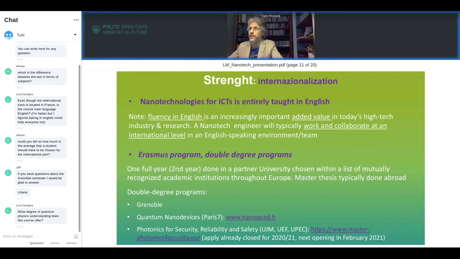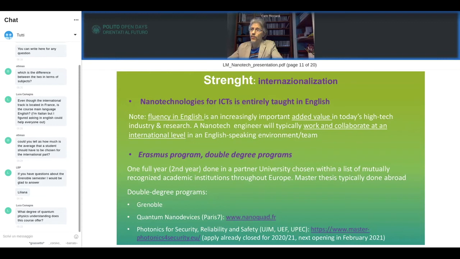English is the medium of all the discussion at the international level, in technology and in science. So I think this is a strength, and I strongly suggest you go for a master degree in English.